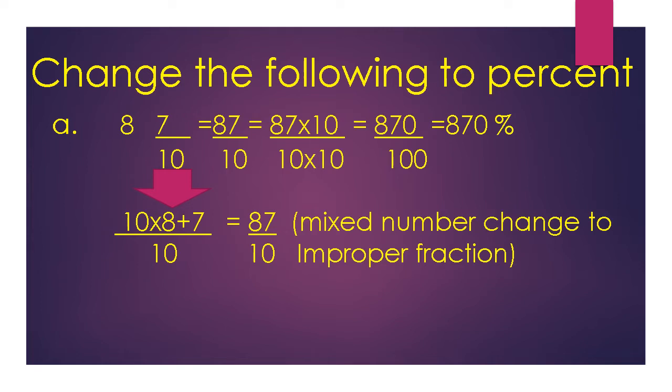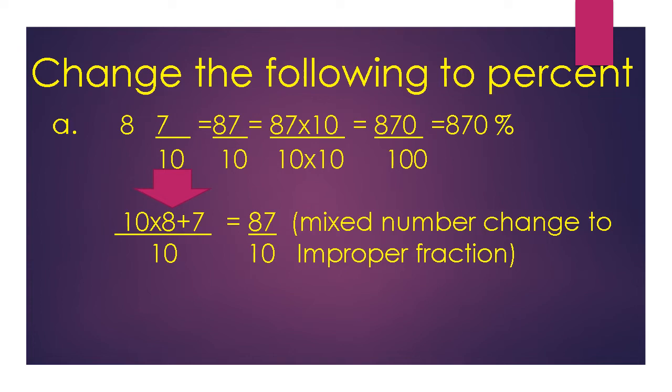To change 8 and 7/10 to improper fraction, we are going to multiply 10 times 8 plus 7. So it's equal to 87. Then affix the denominator 10. So 8 and 7/10 is equal to 87 over 10.